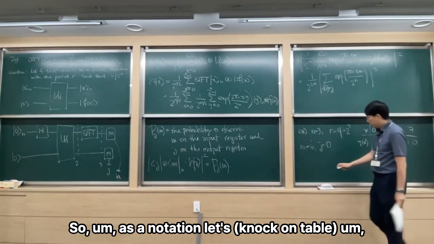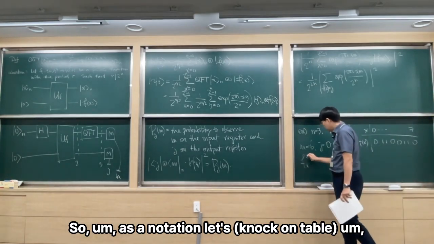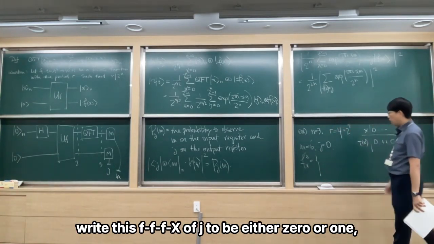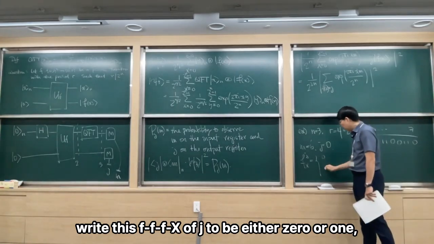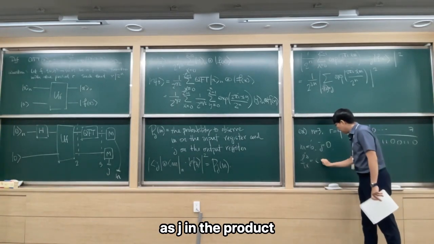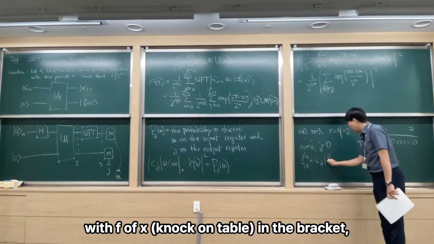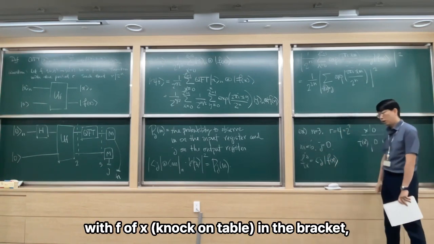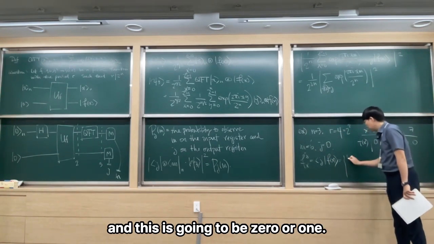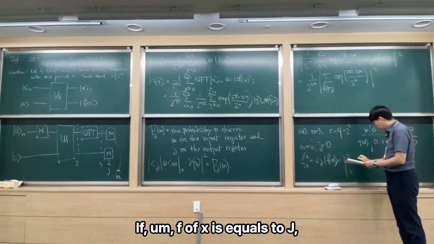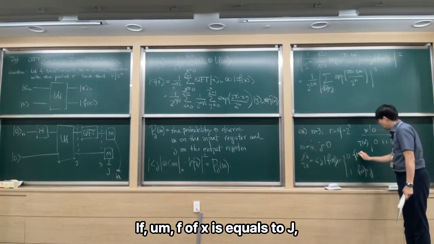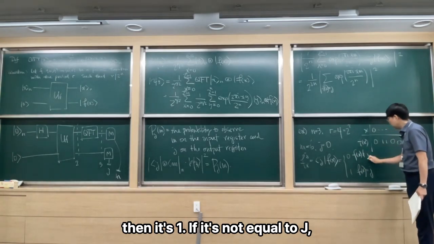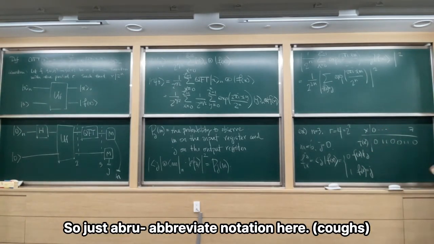As a notation, let's write f_x(j) to be either 0 or 1. It's going to be the same as the inner product of j with f of x in the bracket. If f of x equals j, then it's 1. If it's not equal to j, it's 0. So just abbreviate notation here.